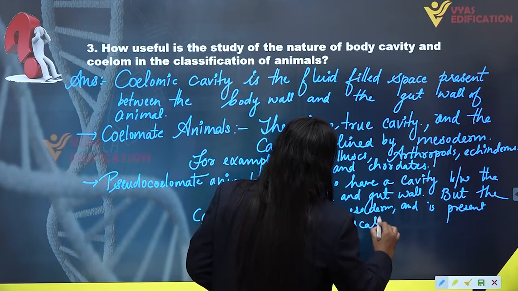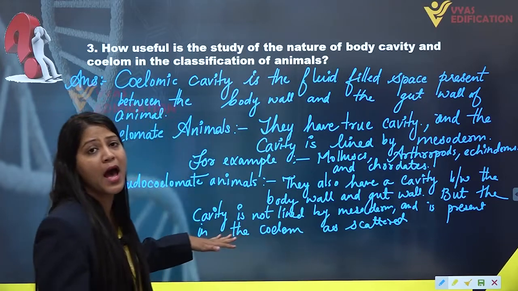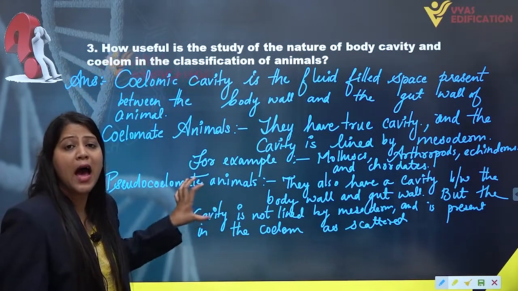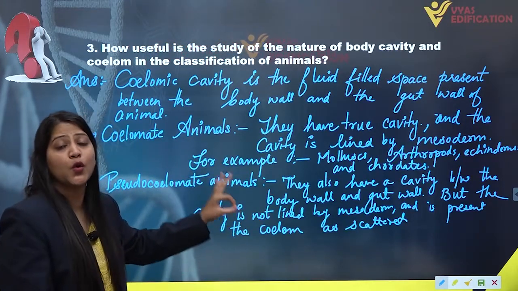You will find scattered pouches of mesoderm in the coelomic cavity of some animals. These kinds of animals are known as pseudocoelomate animals, and the cavity is known as pseudocoelomic cavity.